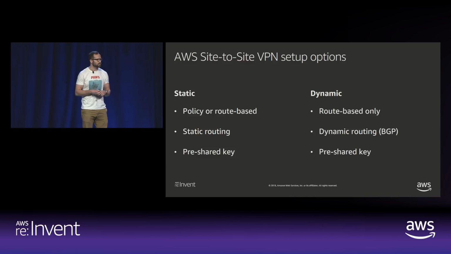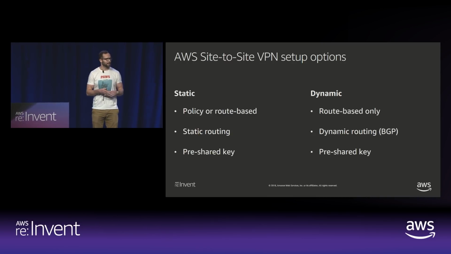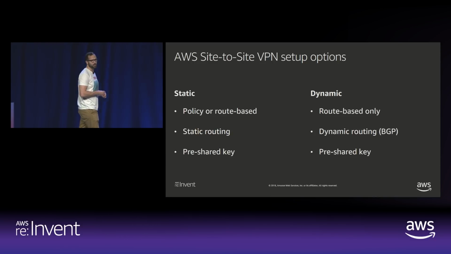That's usually done with an access control list. Whereas with a route-based VPN, you're getting a logical interface that you can route traffic through. So anything going through that interface will effectively be encrypted. From a routing point of view, static VPN, static routing, dynamic VPN, dynamic routing. In this case, we're using Border Gateway Protocol, BGP, for the route exchange. And in both cases, we're using pre-shared keys for tunnel authentication.